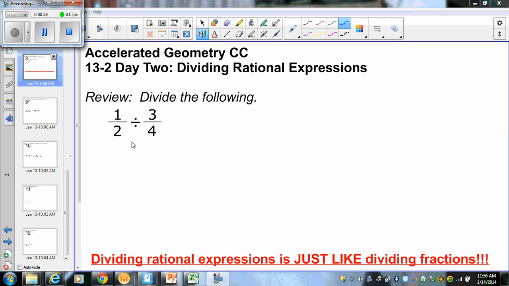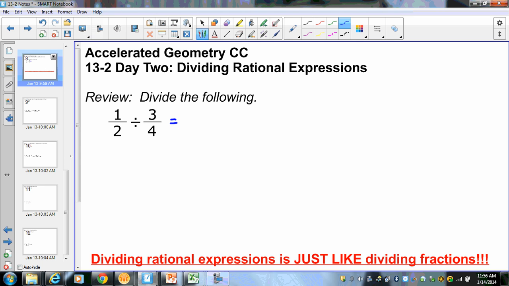So I picked really two very simple ones. If I have 1/2 divided by 3/4, if you remember, the way that we divide by a fraction, in this case 3/4, is to actually multiply by its reciprocal. So that problem is really 1/2 times 4/3. And then you would cancel out any common factors between numerators and denominators.